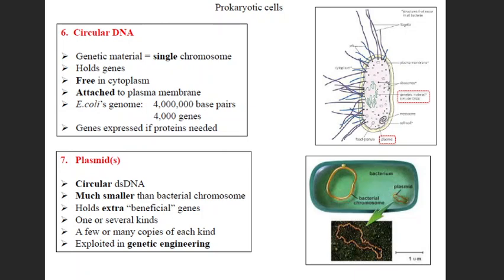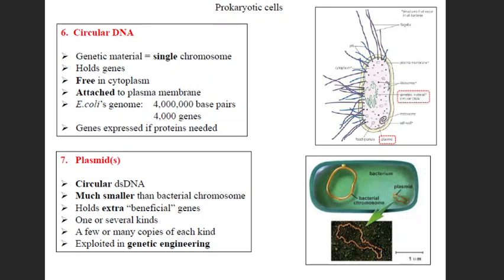A few or many copies of such plasmids can be present, and they are regularly used in the process of genetic engineering. That is, in recombinant DNA technology, this plasmid acts as a vehicle, as a vector.